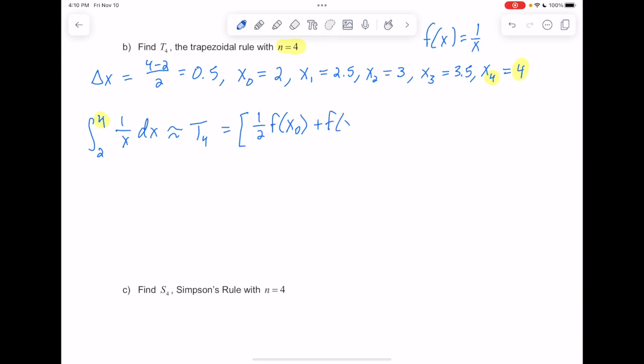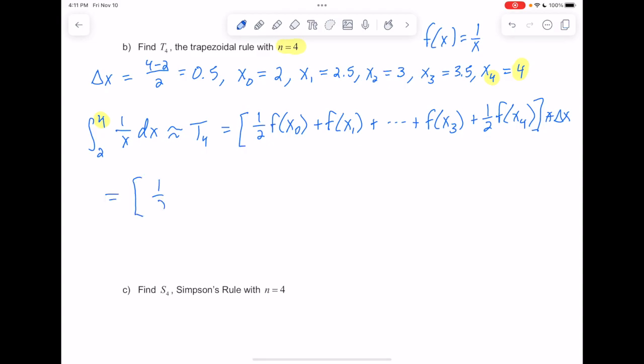And then we do the height at all the middle values, from f of x1 to x3. I only skipped one thing with the dot, dot, dot, so maybe that was a little silly. But then when we get to f of x4, it's a 1/2 again, and then times delta x. So that's what we want to do.